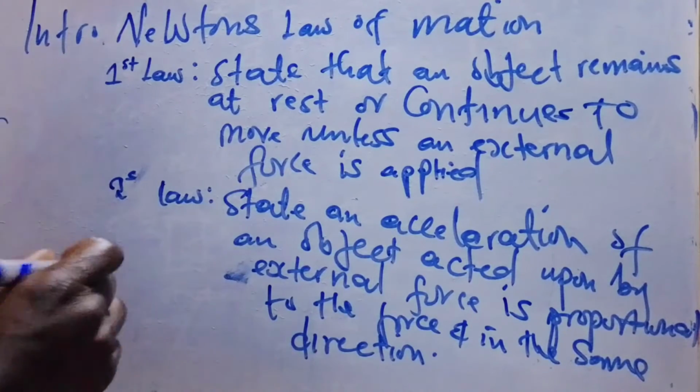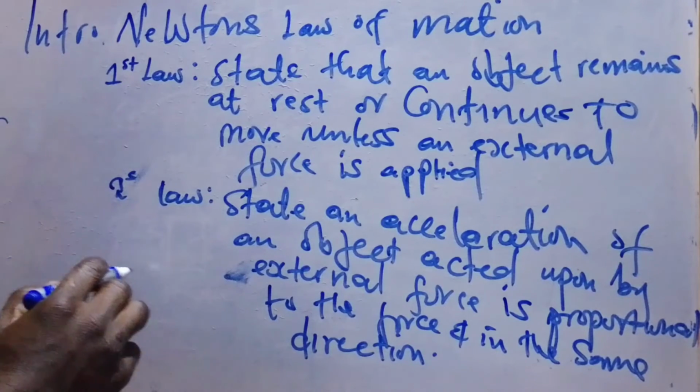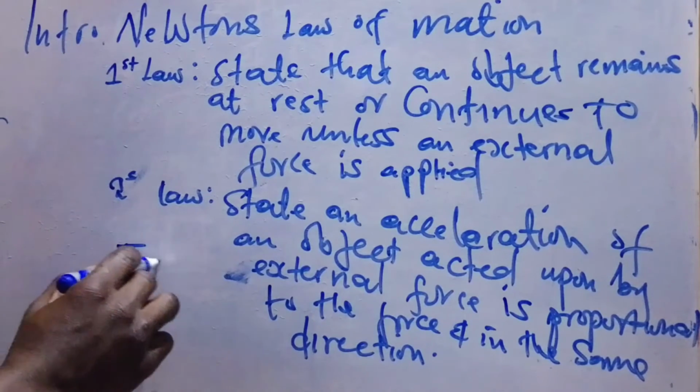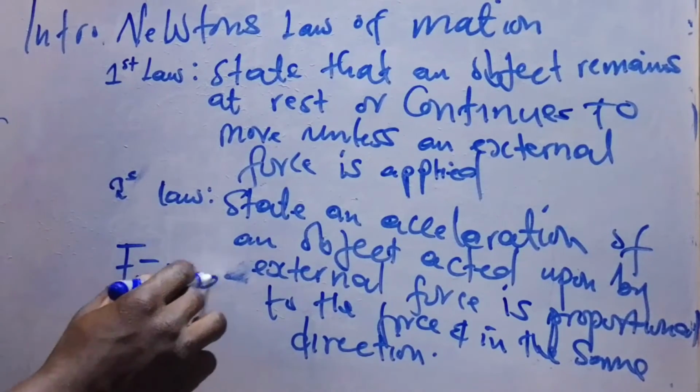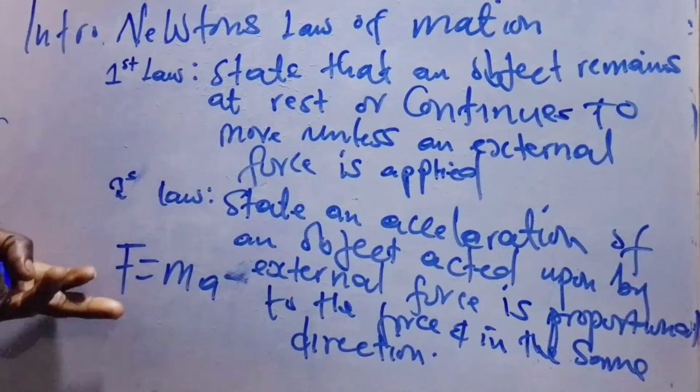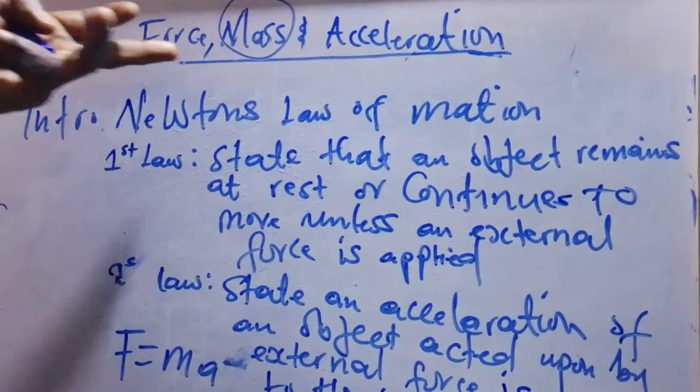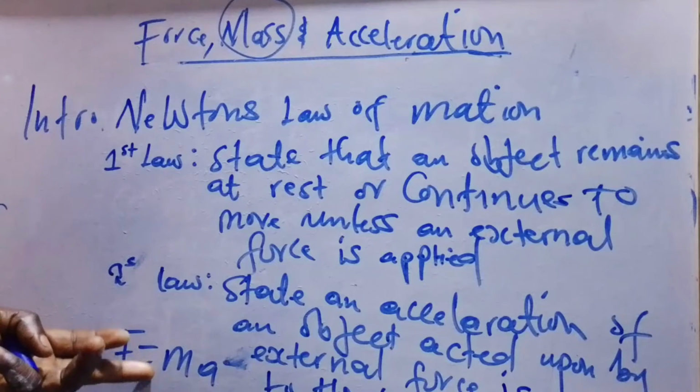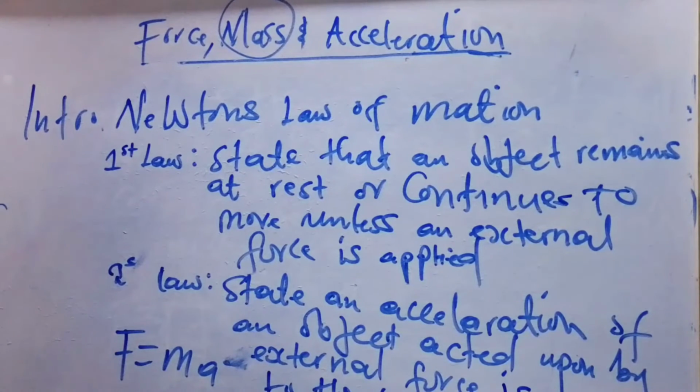So in the second law, that's where this formula comes in. Force is equal to mass times acceleration. This is where the relationship between force, mass and acceleration comes from.